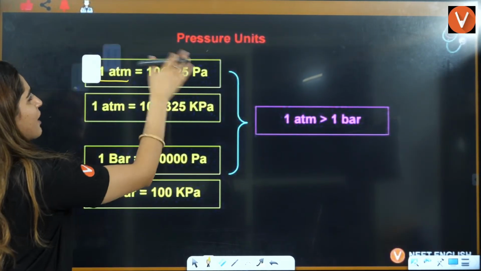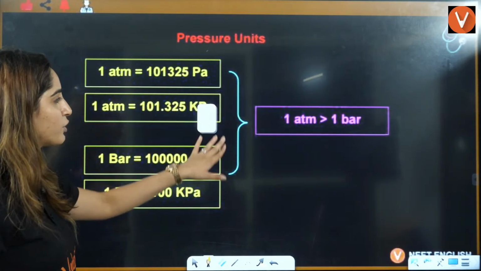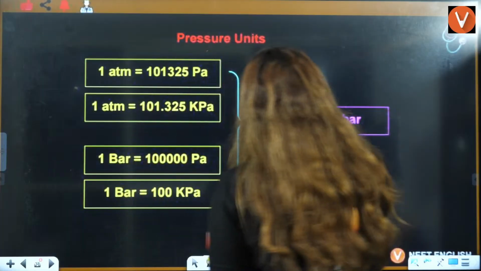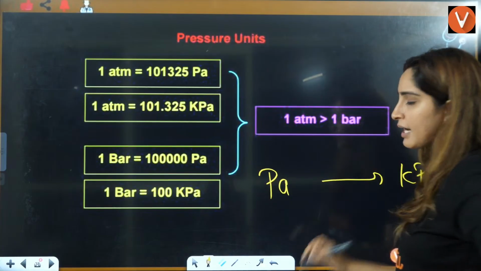Whenever I am not going to talk about kilopascal here, I am just going to give you the unit of Pascal. If you know Pascal, you can easily convert it into kilopascal, right?